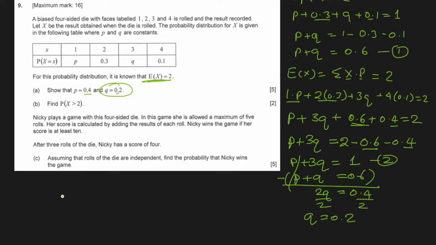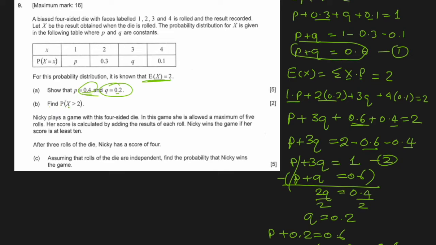Alright, now we have to find P. I'll use equation number 1. So P plus Q, which is 0.2, is equal to 0.6. So P is 0.6 minus 0.2, which is 0.4. We have found both of them.